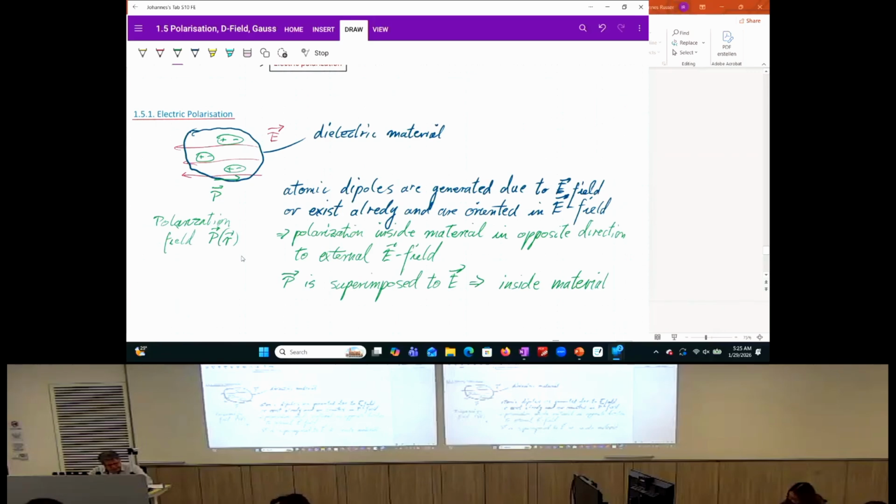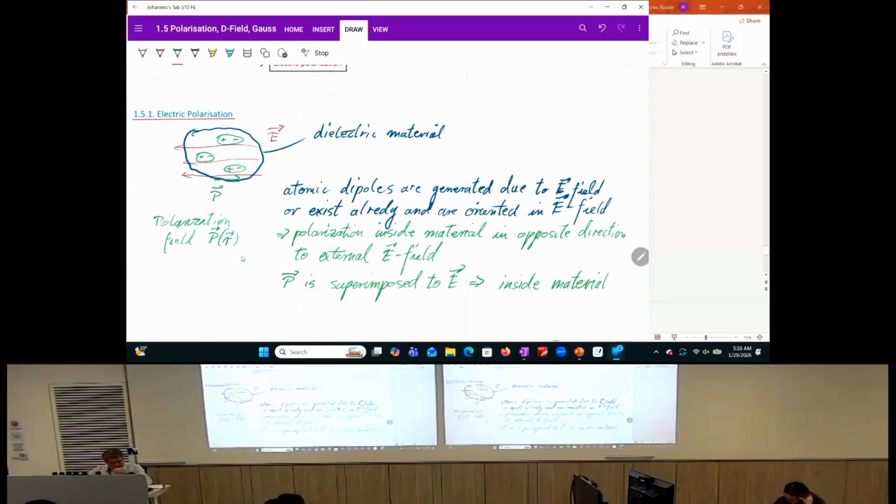So if you have an E field in some space and you bring into some part of that space a dielectric material, the polarization field will build up only in this dielectric material, and only internally to this dielectric material will the electric field be counteracted and reduced.